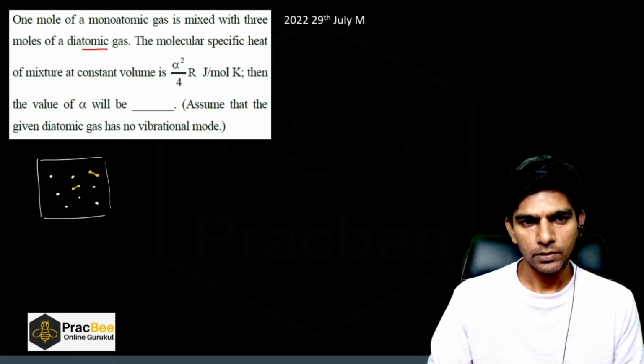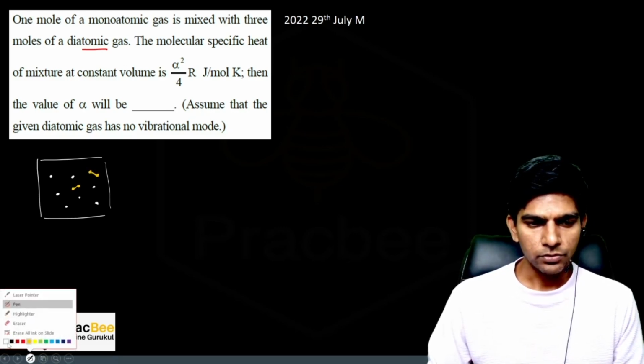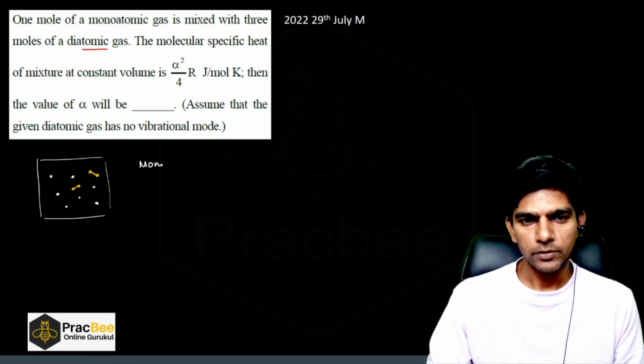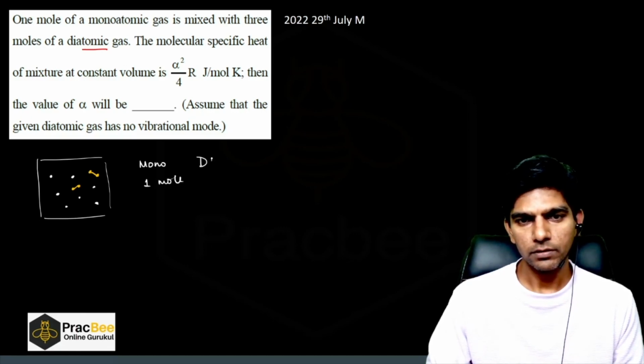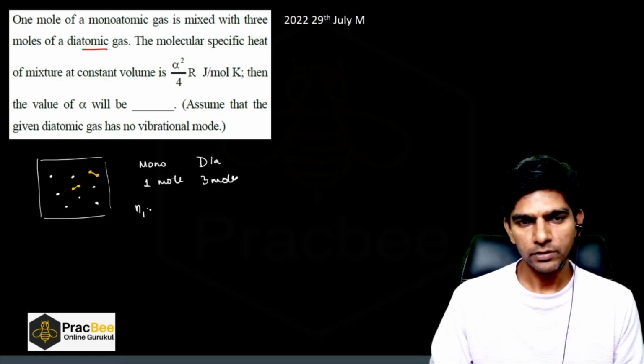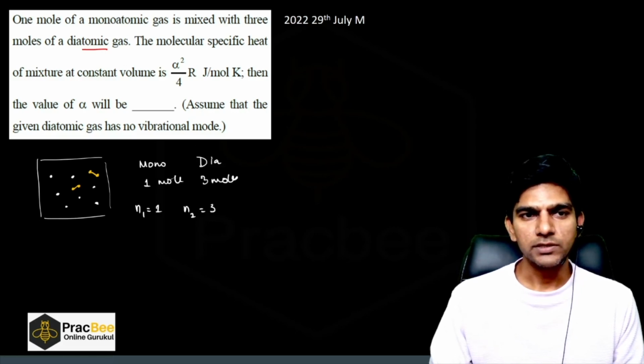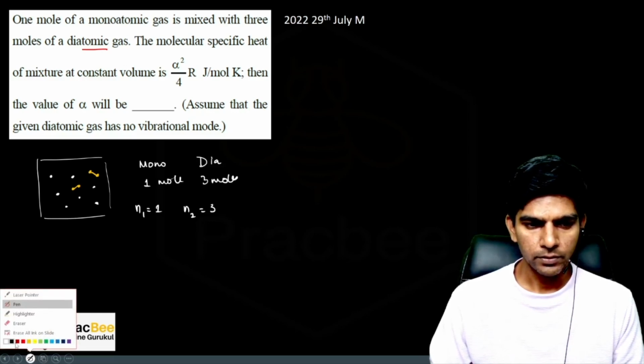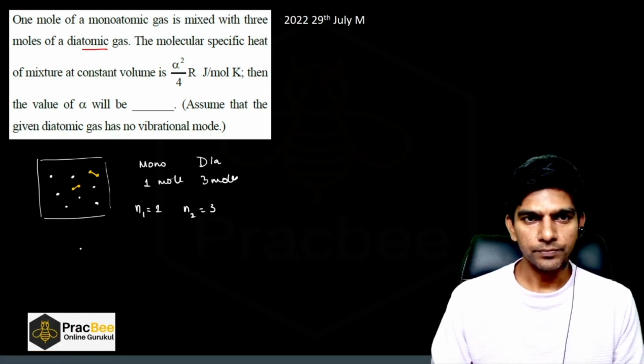For monatomic we have 1 mole, and for diatomic we have 3 moles. Let us say N1 is 1 and N2 is 3. The molar specific heat of a mixture at constant volume is given as alpha square by 4 R.